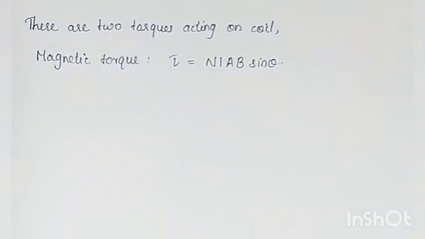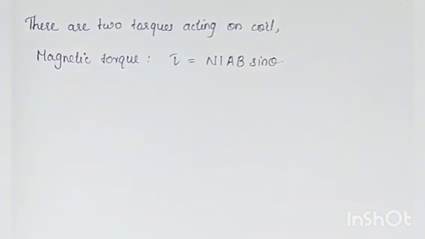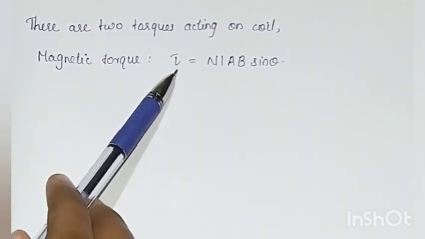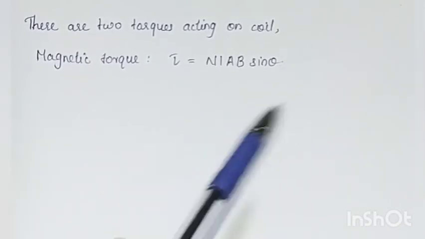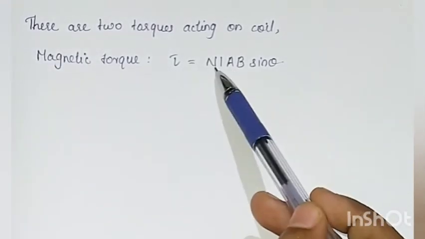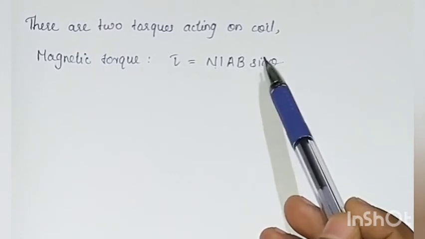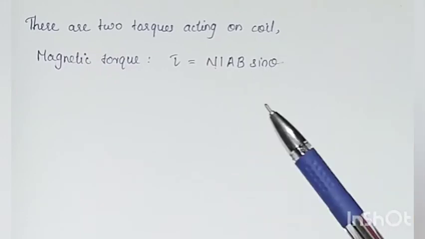So by analyzing the construction of the moving coil galvanometer, we have understood that there are two torques acting on the coil. First one is the magnetic torque, which is given by the expression tau is equal to NIAB sin theta, where N is the number of turns of the coil and theta is the angle between the area vector and the magnetic field.